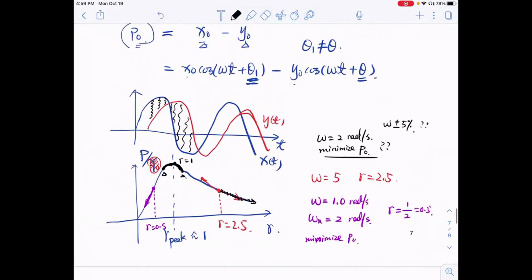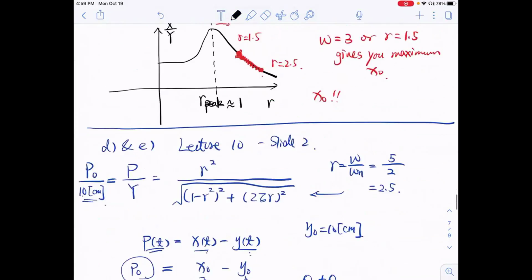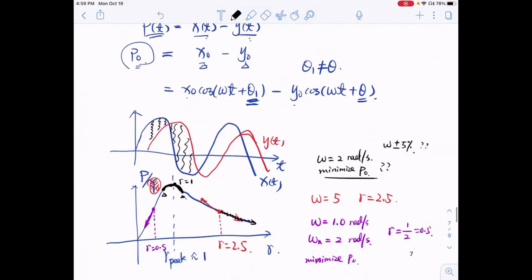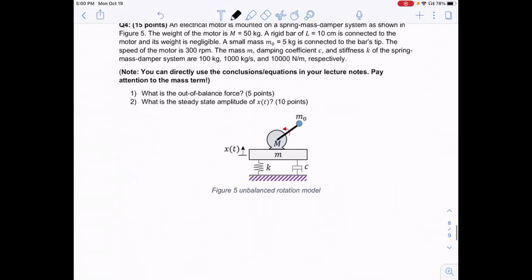All right, so that's for question 3, parts C, D, and E. As I said, in the makeup, I'm going to put 10 points back. I think most of you are eligible for this problem. If you have any questions related to this, you can send me emails after class. Just make sure you understand everything before Wednesday, okay? Because that's going to be the only makeup for this problem.